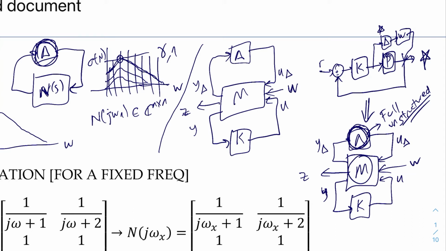However, if we have some structure and we have some information about that, and we parameterize our delta, our uncertainty structure or block, this is the uncertainty block, we can design a better controller.